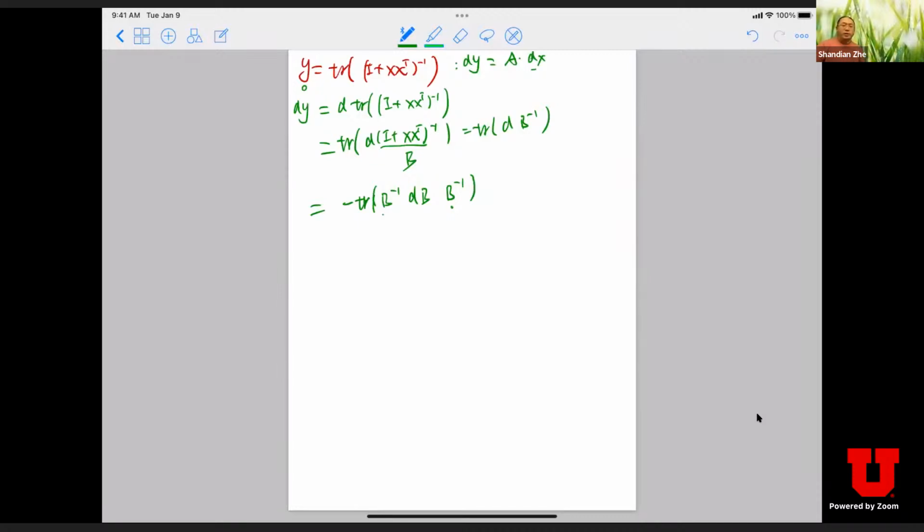So what trace property are we going to use? This is a very well-known property.